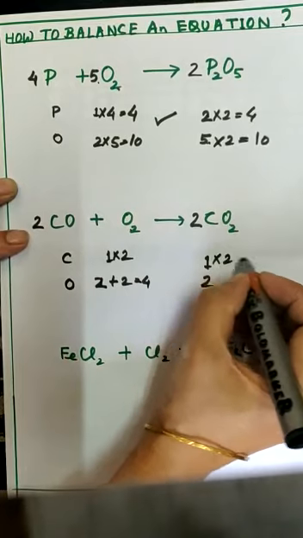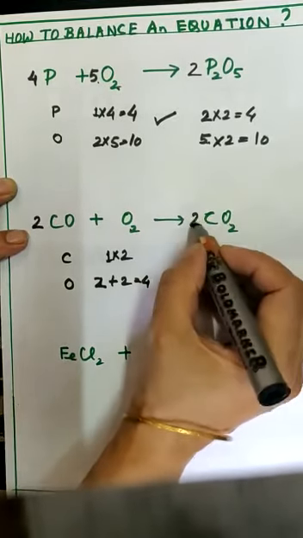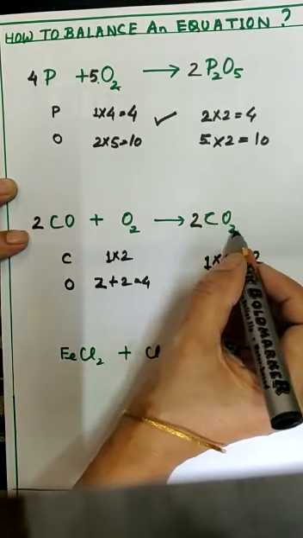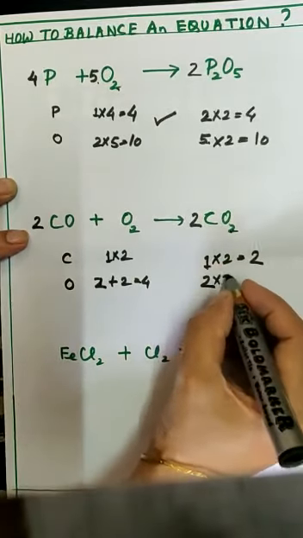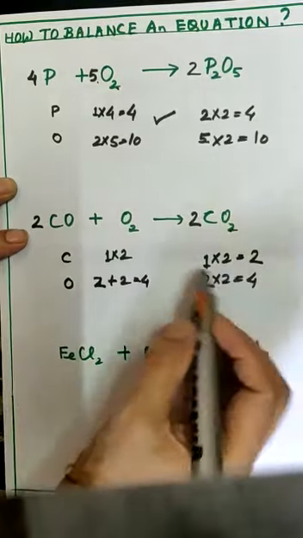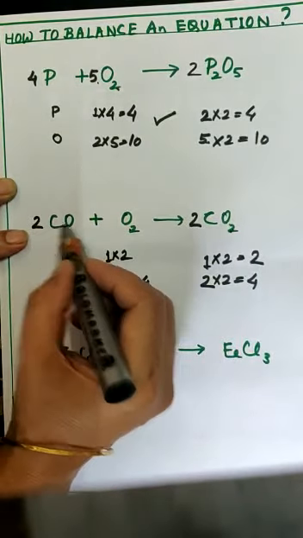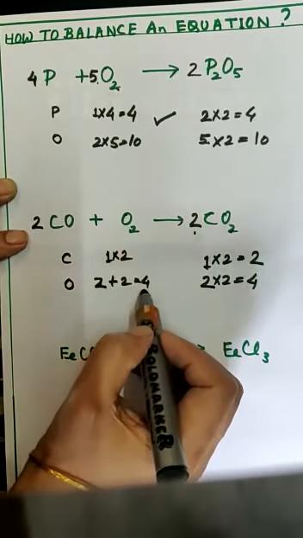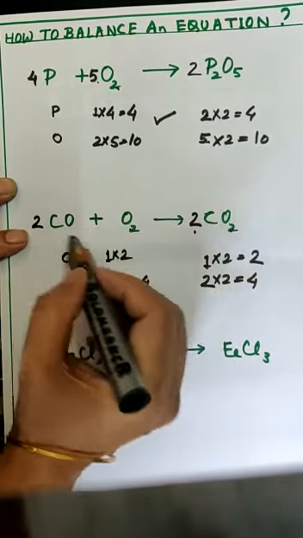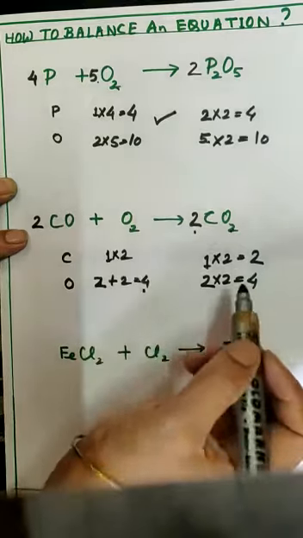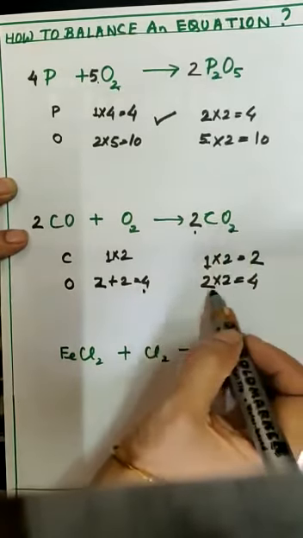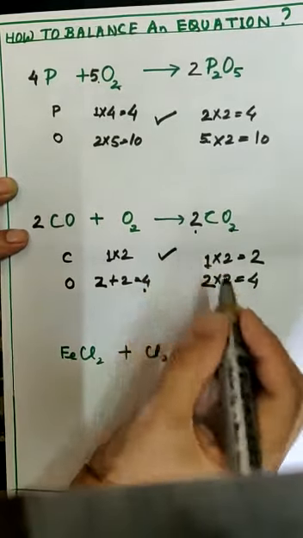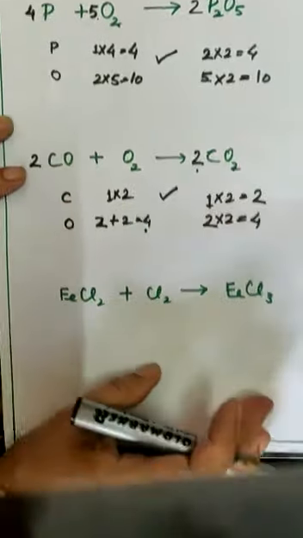When we write here 2, then carbon has become 2, but at the same time oxygen atoms have become 4. 2 into 2, 4. Now it is 2 atoms of carbon, 2 atoms of carbon, 2 atoms plus 2 atoms, 4 atoms of oxygen on left hand side, that is reactant side, and 2 into 2, 4, the same number of oxygen atoms on product side. So this is a balanced equation.